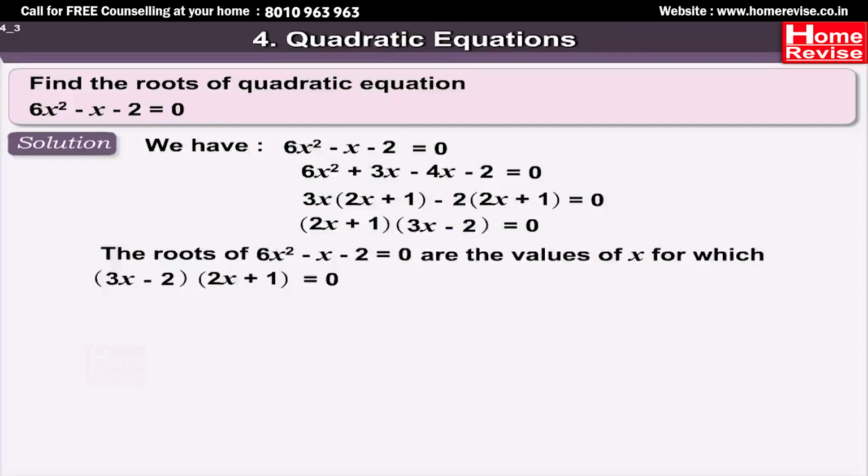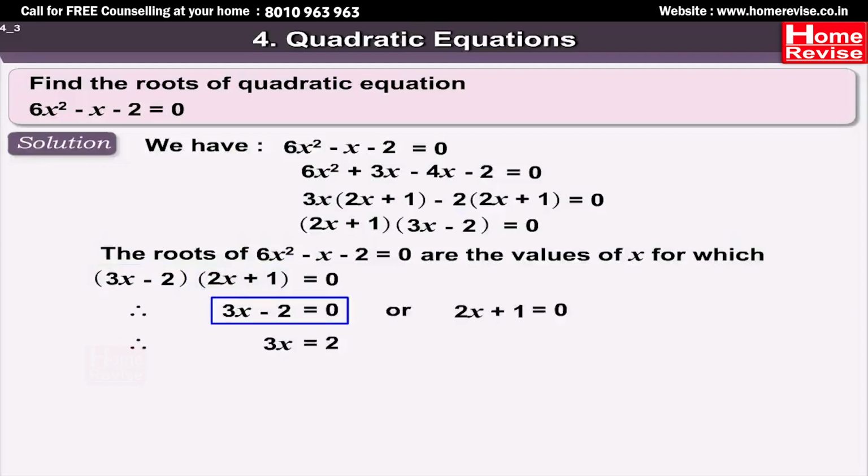The roots of 6x squared minus x minus 2 is equal to 0 are the values of x for which 3x minus 2 into 2x plus 1 is equal to 0. Therefore, 3x minus 2 is equal to 0 or 2x plus 1 is equal to 0.